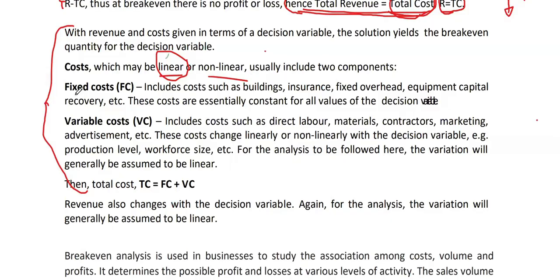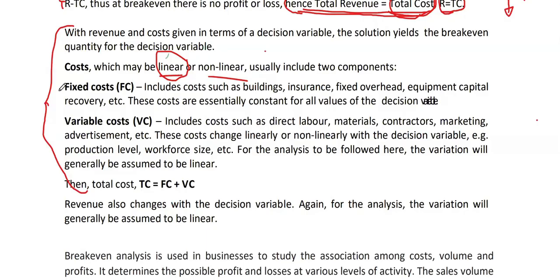Usually, cost has two components: fixed costs, which may include building rentals or land rental, and insurance payments. Those would also be considered to be fixed costs. Basically, fixed costs are costs that remain constant in the short run, regardless of changes in the level of production.